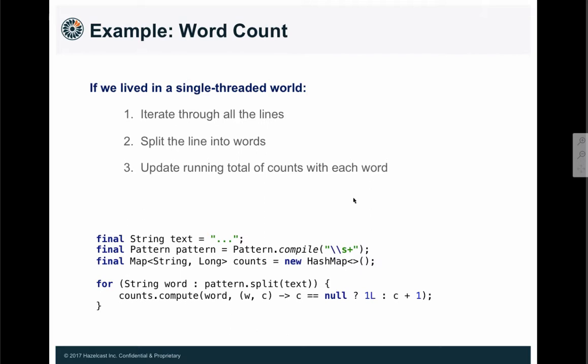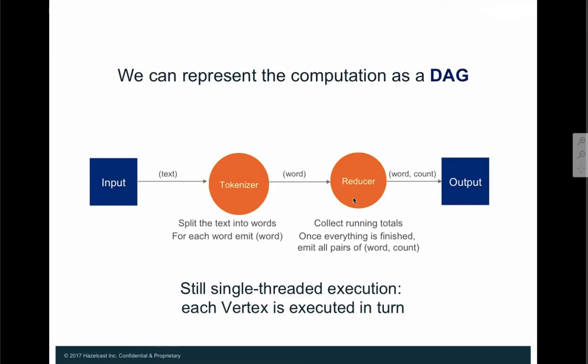But of course, the problem with this is it's single-threaded. And if you have a huge amount of data, this will be quite slow. So if you try to model this problem in terms of a graph, we have an input from which we get the text, and then we have a tokenizer step which splits the text into words, and for each word, the output is a word.